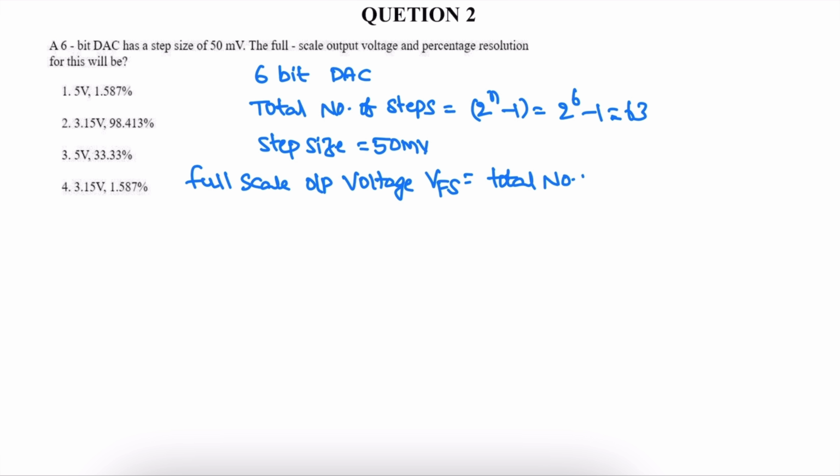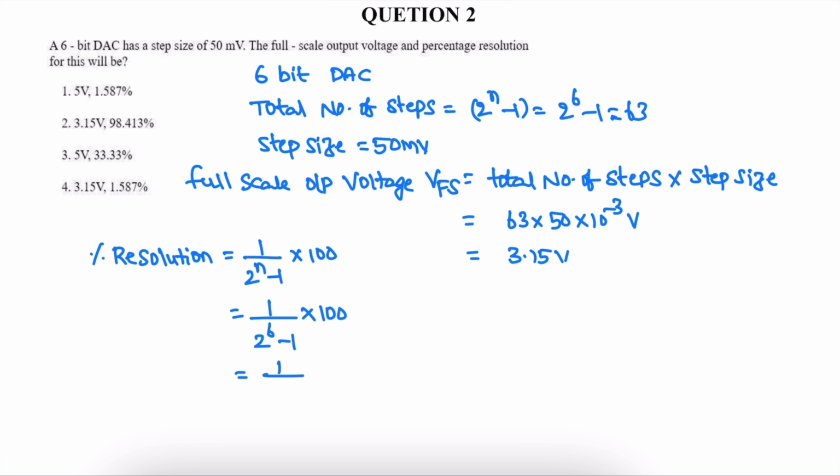Next is percentage resolution. The formula for percentage resolution is 1 by 2 power n minus 1 into 100, 1 by 2 power 6 minus 1 into 100, 1 by 63 into 100. So its value is 1.587 percentage. So correct option is 4.